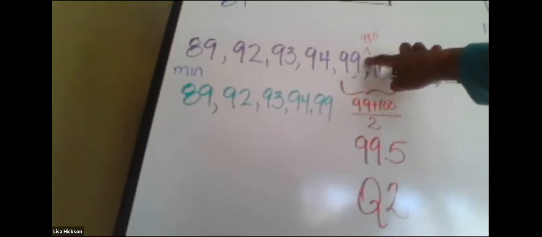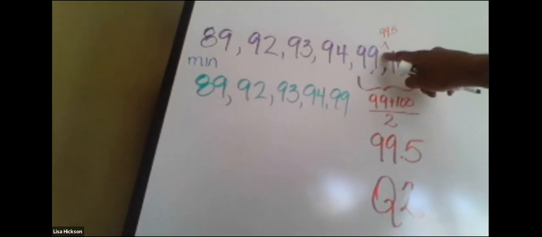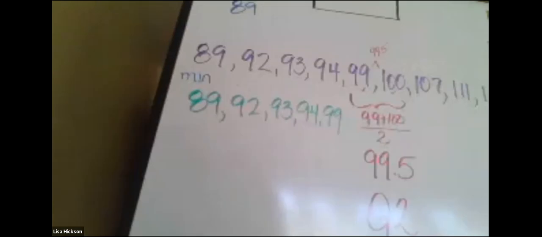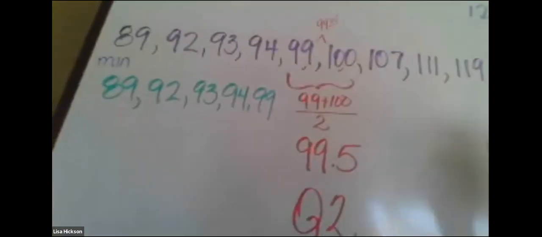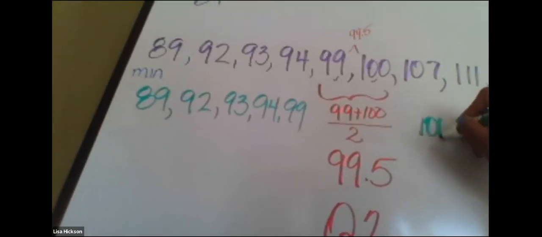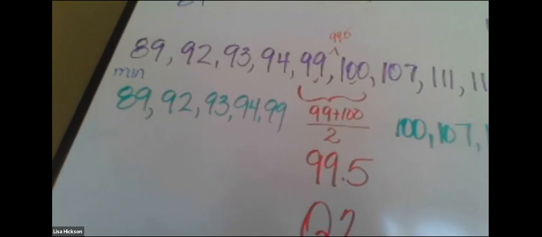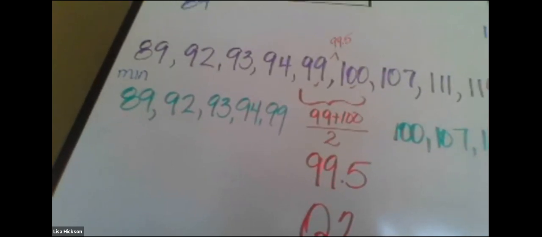We noted that in our data set. So now we have half of the data on one side. That's the lower half of the data. And then the upper half is 100, 107, 111, 119, and 125.